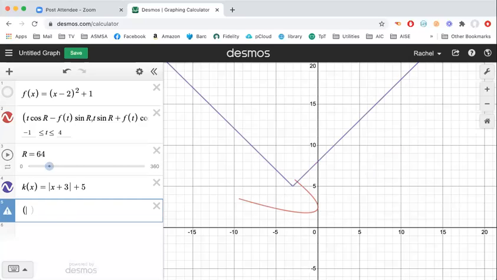So we do our parametric t cosine. Now I need to choose a new variable for my rotation. You can still do rotation angle; let's do r sub 1.